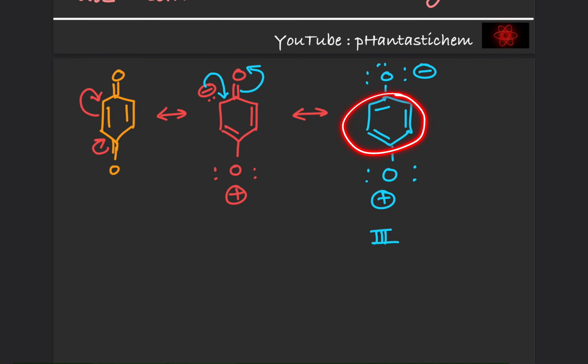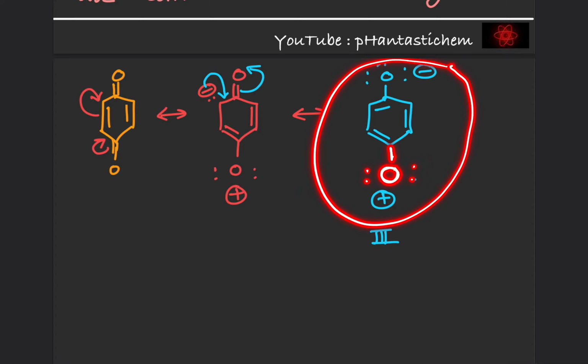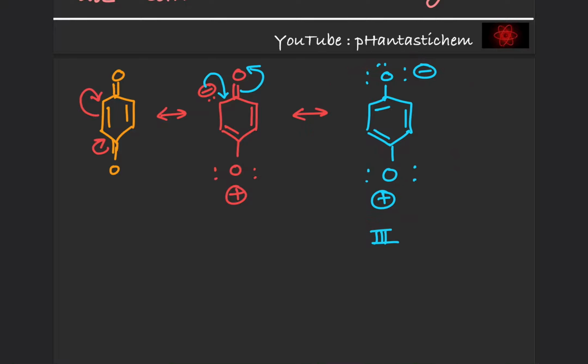It is also planar, and there are 4n plus 2 electrons. But the issue is that the octet of O here is not complete, it has just 6. Therefore this structure's contribution to the resonance hybrid is almost negligible. So we don't consider this resonance structure at all.